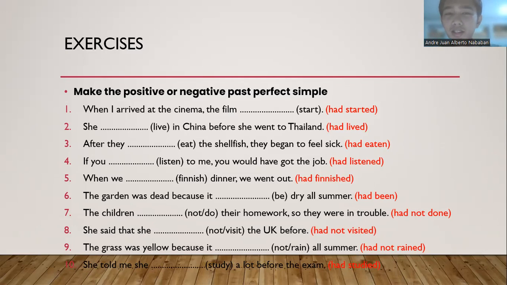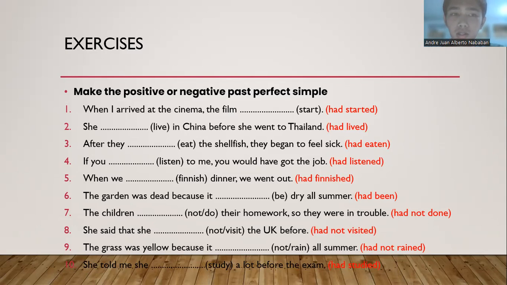So we can tell that the secondary sentence happened before the main sentence. So how do we put the past perfect tense in the sentence, guys, when this sentence gives a clue, the verb start?